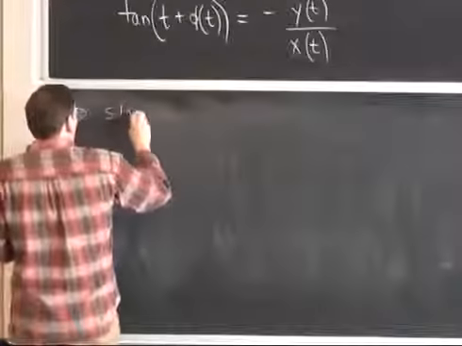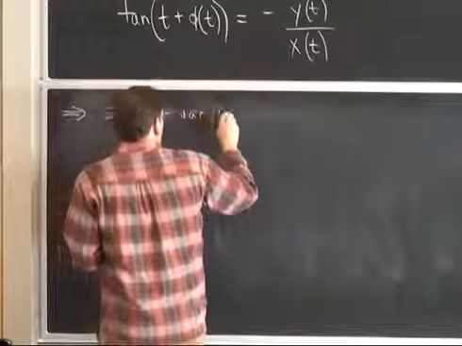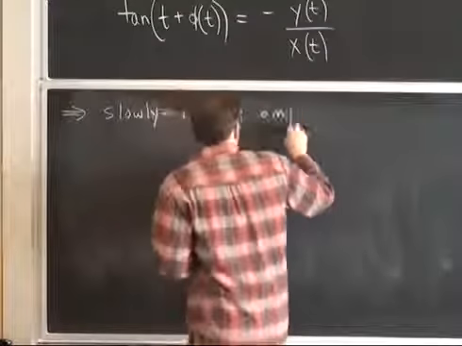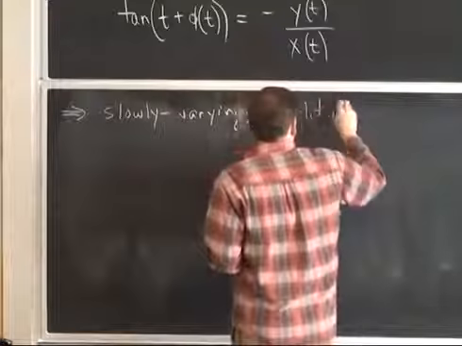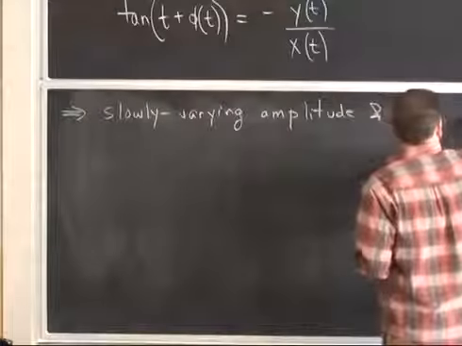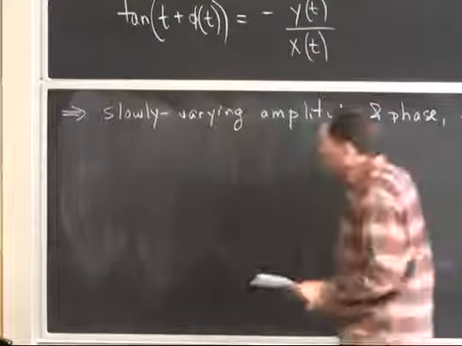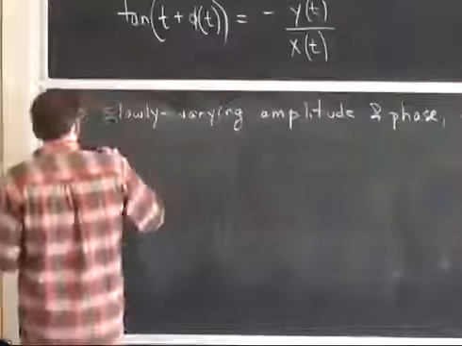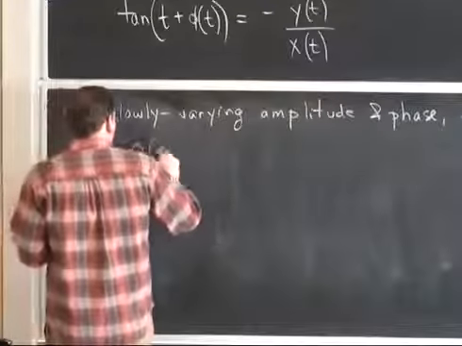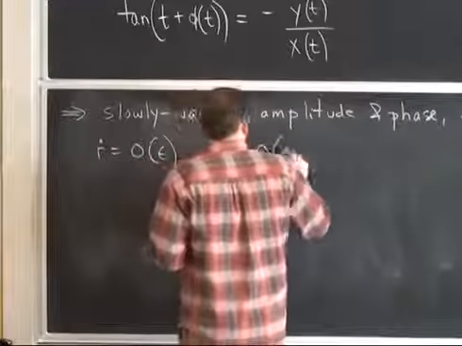So we have slowly varying amplitude and phase, as expected, in the sense that r dot is of order epsilon and phi dot is also of order epsilon.